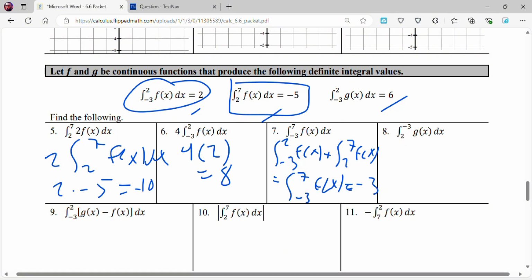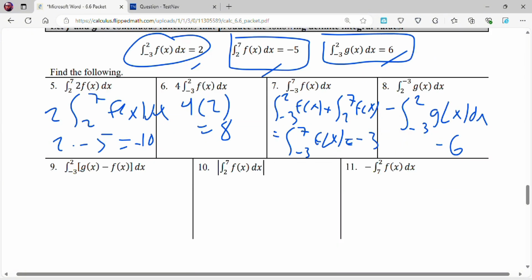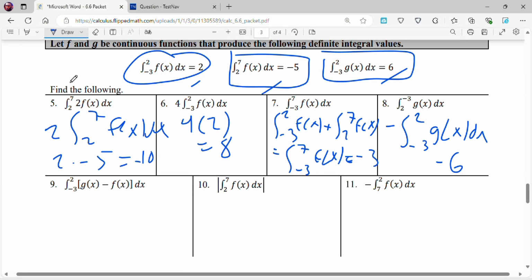Okay, from 2 to negative 3 of g of x. So we have 2 and negative 3. And all we have to do is flip the limits. So that's why we put a negative on the outside. So that gives us negative 6. Okay.